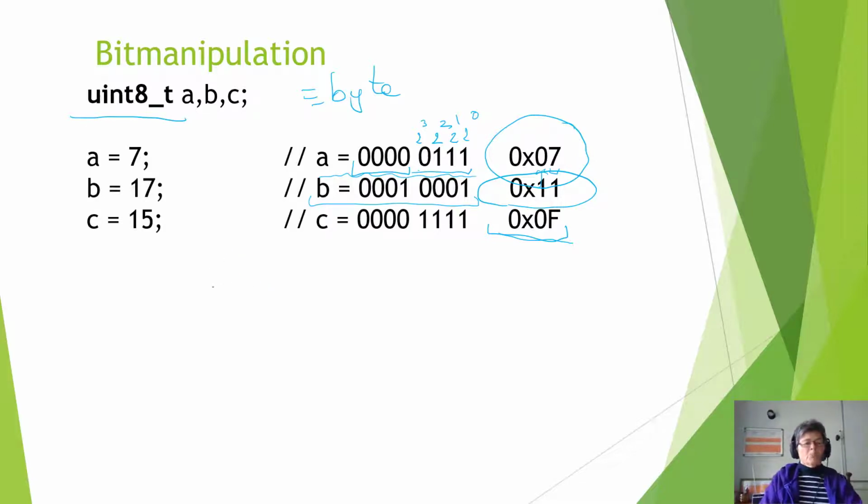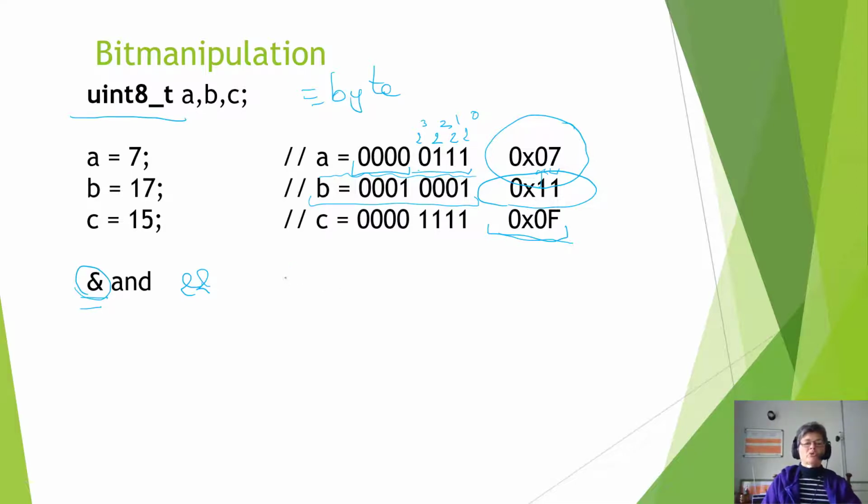Okay, we can do some bit operations in the bit manipulation world, and of course the most simple one is the bitwise AND. If you look at the logical AND, that would be 2 symbols, but in a bitwise AND we only use one of the 2 symbols.